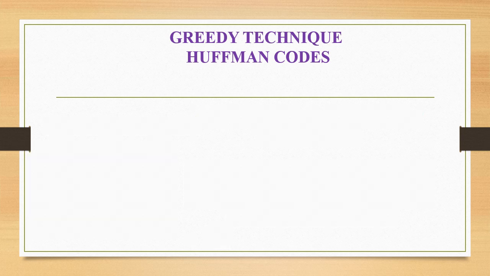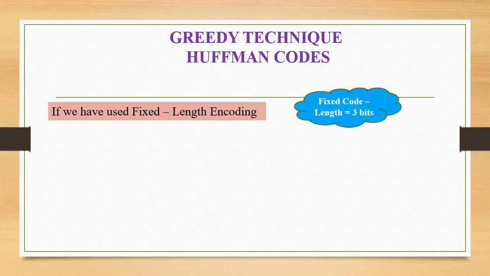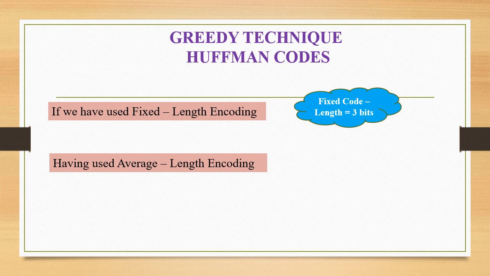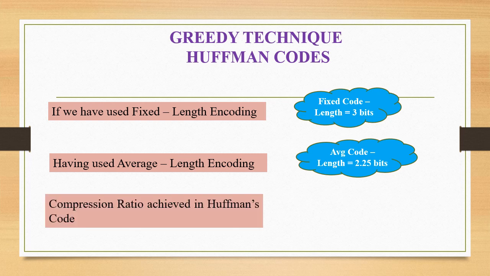So it is 2.25. The next thing is, if we had used fixed length coding, the fixed code length would be 3 bits. But here we have an average code word length of 2.25 bits. So comparatively, the number of bits used is lower and the compression ratio is high in Huffman coding, isn't it?